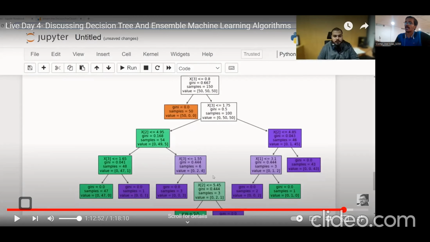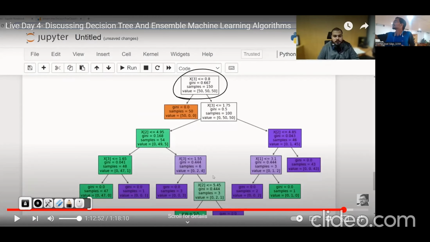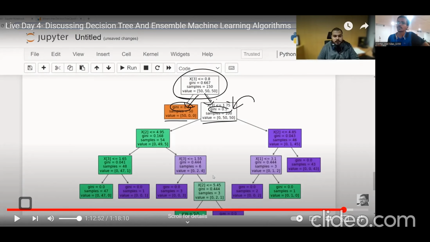As you can see, we have a particular root node, then splitting, right? You can see some values over here. We can see the Gini index. By default, Gini is used. So here Gini is 0.5. If Gini is 0.5, it means probability is equal for both.